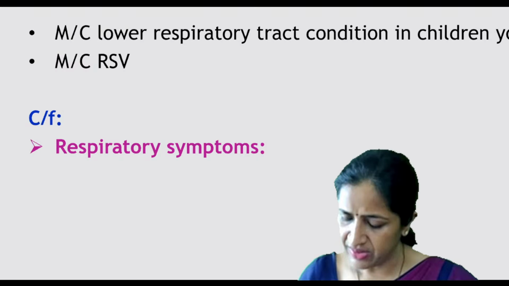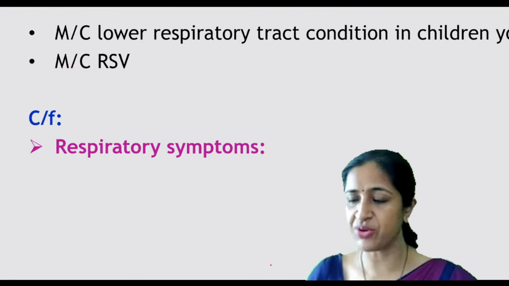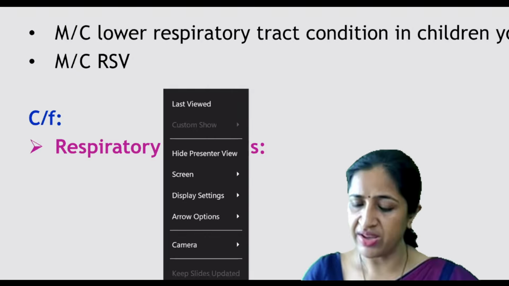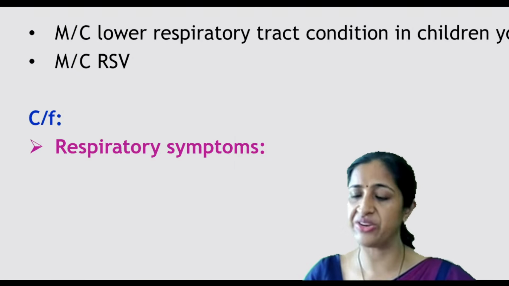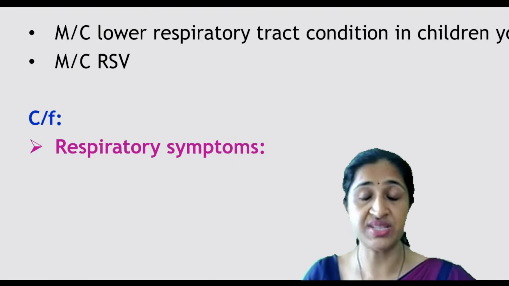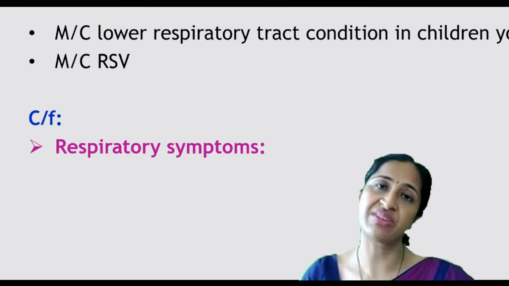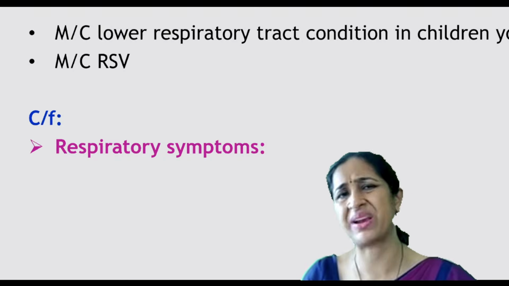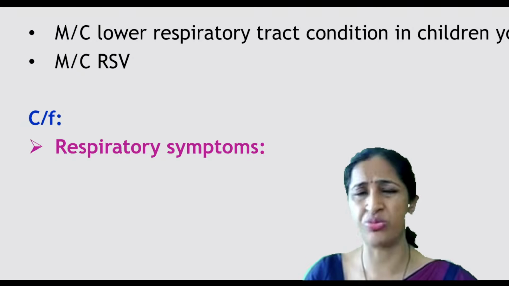Okay. Then this is bronchiolitis. Bronchiolitis is the most common respiratory tract infection in children younger than 2 years. Most common is RSV, and we have others. We see rhinovirus, paramyxoviruses, human metapneumovirus.